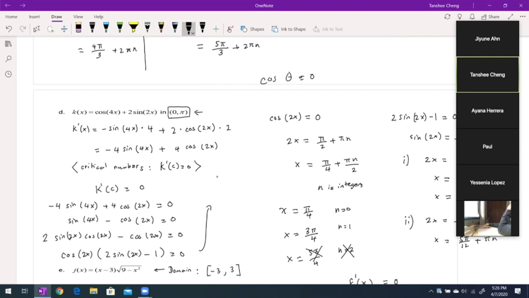What is my theta going to be? 90 degrees. It's 90 degrees, right? Or what? 270 degrees, right? But look at 90 degrees and 270 degrees. That is only what? Pi unit apart. Agree?